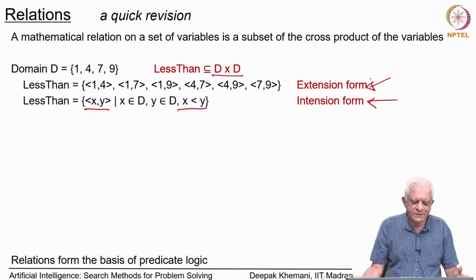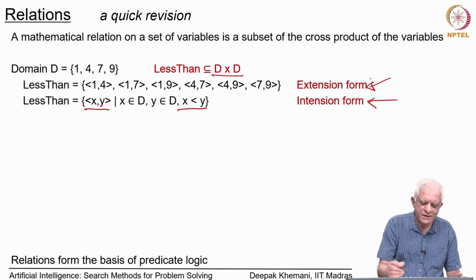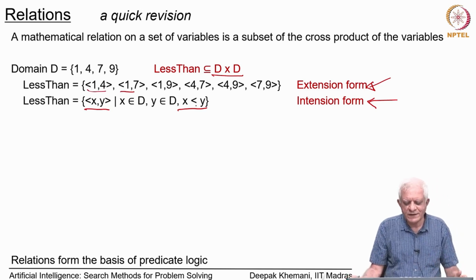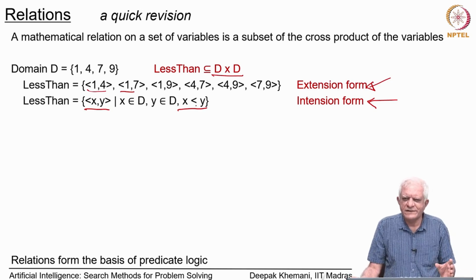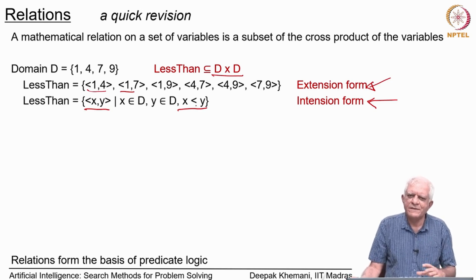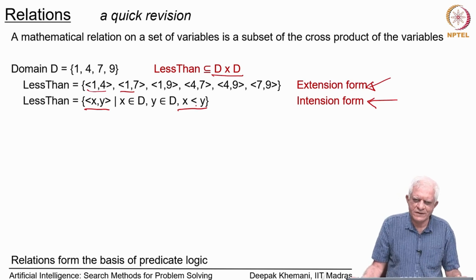Now, in this week, we will confine ourselves to relations which are expressed in extension form. Which means they are explicit, that we state explicitly what are the pairs of numbers which belong to this relation. So, for example, 1 4 belongs to the relation, 1 7 belongs to the relation, and so on. We list out the whole thing explicitly, and the reason we are going to focus on this is that the algorithms that we will see are much easier to explain using the extension form of relation representation.